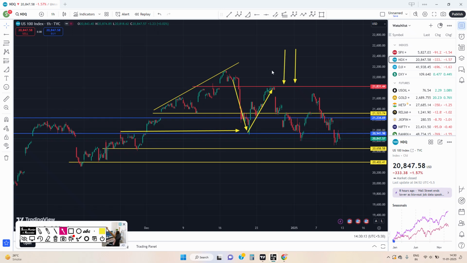It faced a rejection and again came to that same level, the blue line. Then again it took a bounce, and here it faced another rejection because there was a gap over here. The index came here to fill the gap, faced a rejection again, and ultimately our target is almost done. So this was my previous analysis.